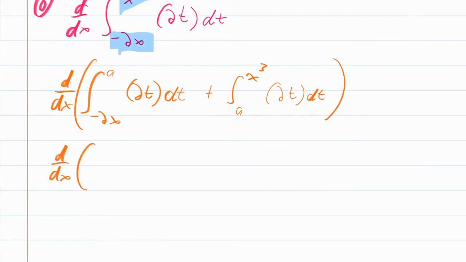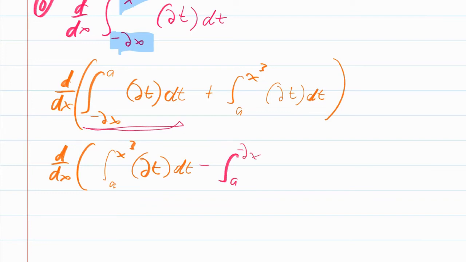Let's switch the order of these. So I'm going to make this the integral from a to x cubed of 2t dt. And now I'm going to switch the order again, like I just said, of this one here. So it becomes minus the integral from a to negative 2x of 2t dt.